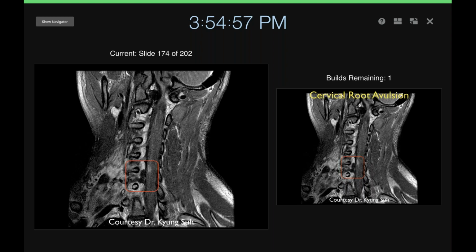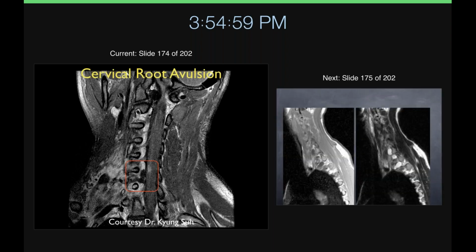That level right there. So this was a cervical nerve root avulsion. Right. Ouch. Usually it's multi-level, so usually it's not just at one level.